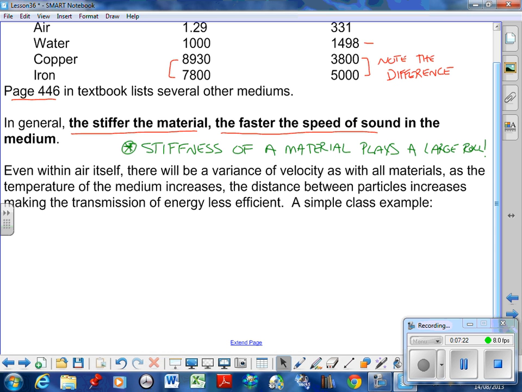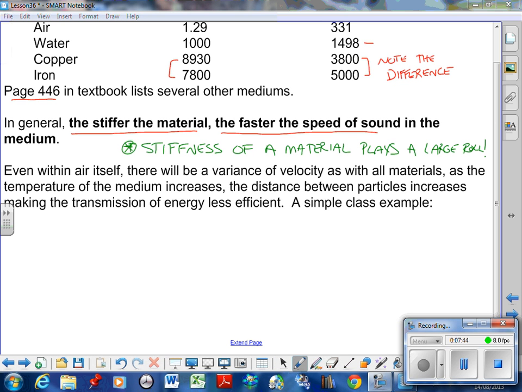As the temperature of the medium increases, so as the temperature of our air increases, the distance between particles increases, making the transmission of energy less efficient. And I don't like how that's worded now that I read that out loud, because it leads to the wrong conclusion here. So let's do a little bit of editing.